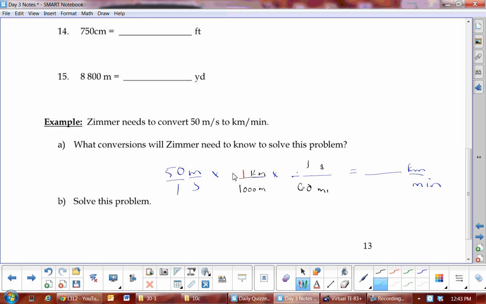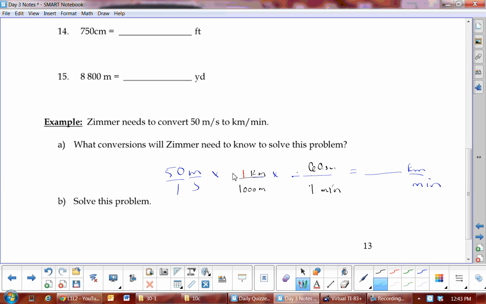Okay, so that should be a 60 seconds up top to 1 minute on the bottom. Well, you had that part right, but so 60. There you go. And then the 1 minute on the bottom. Okay, that's good.